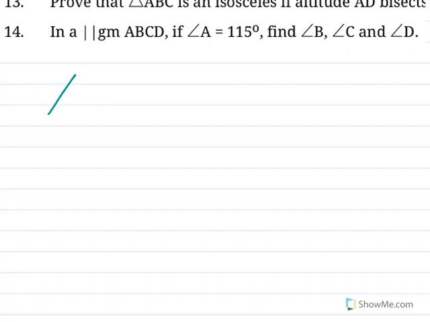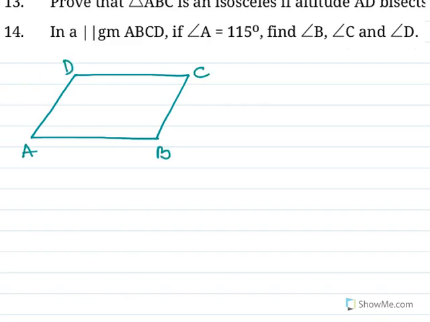In a parallelogram ABCD, so here I have a parallelogram ABCD. Angle A is given 115. We have to find all the other angles. First, we know angle A will be equal to angle C because that is a property of parallelograms.